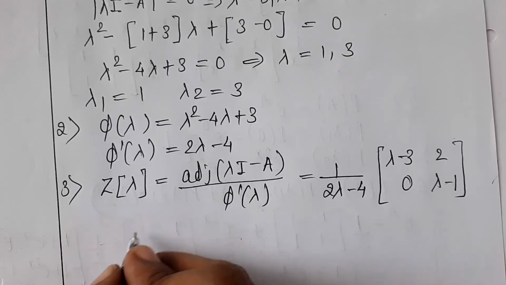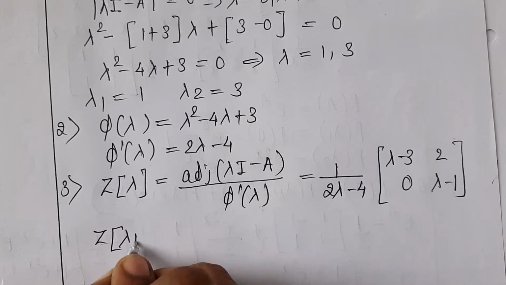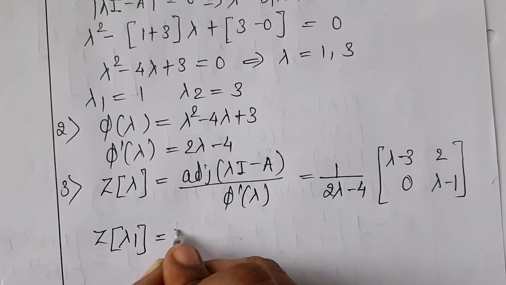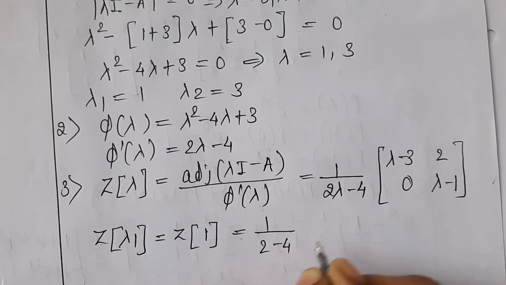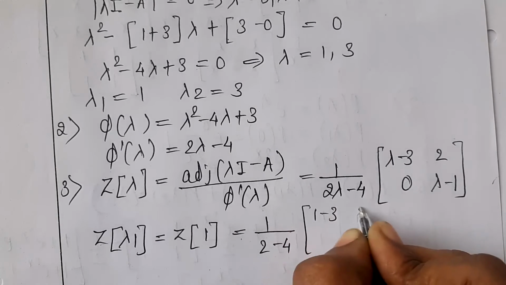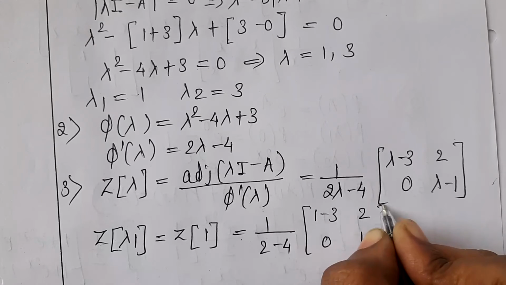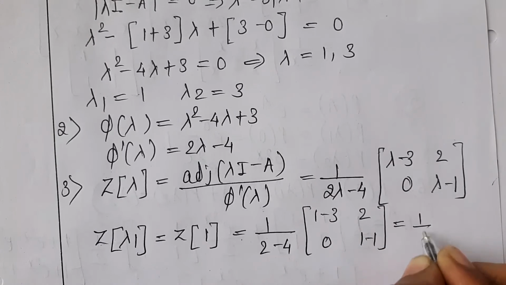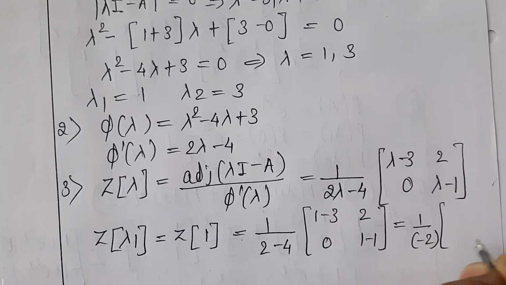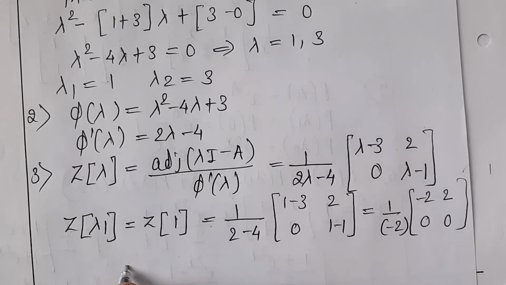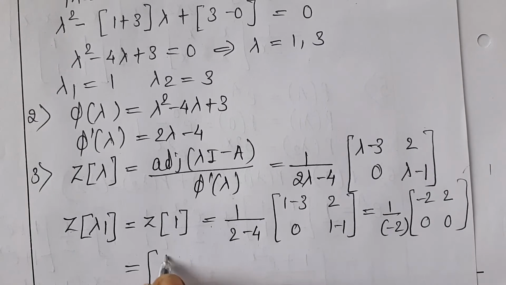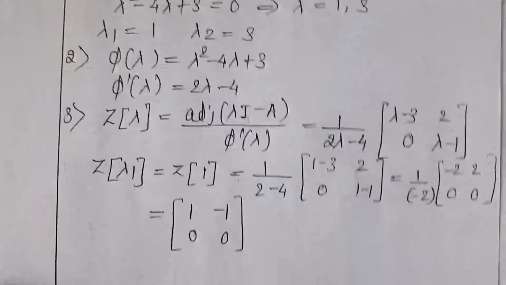Then find out Z of lambda 1, that is Z of 1, which is equal to 1 upon 2 minus 4, times the matrix 1 minus 3, 2, 0, 1 minus 1. So it is equal to 1 upon minus 2, times minus 2, 2, 0, 0. Then if we divide it by minus 2, we will get 1, minus 1, 0, 0. This is Z of lambda 1.